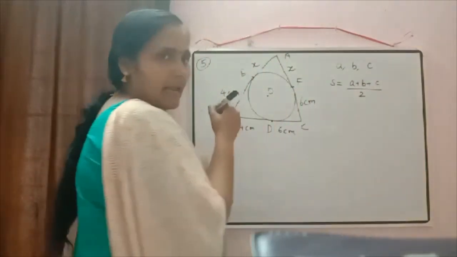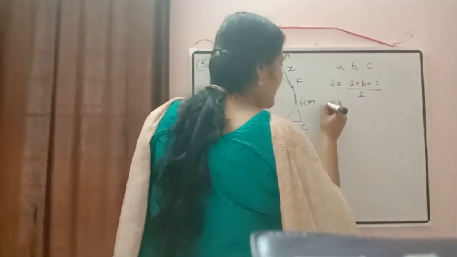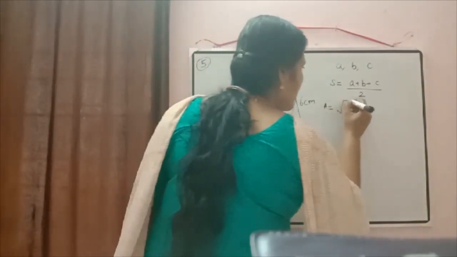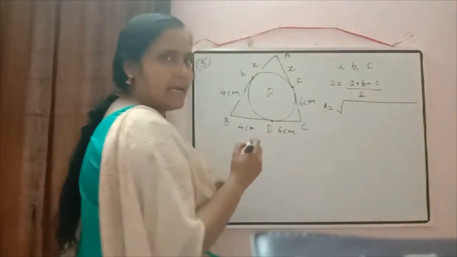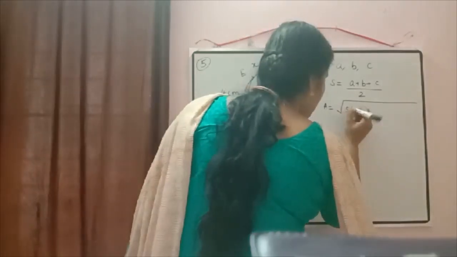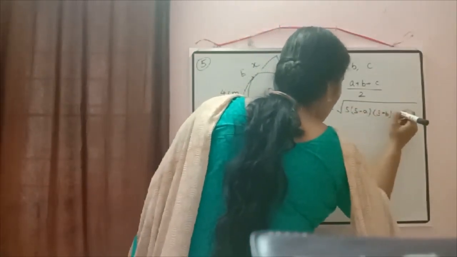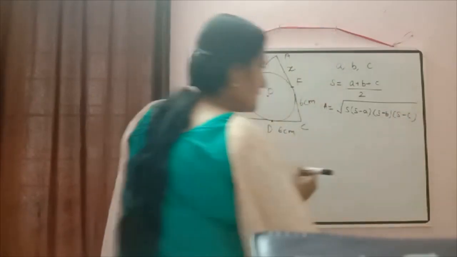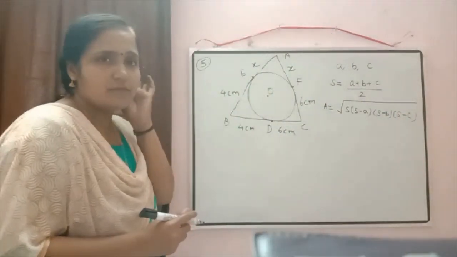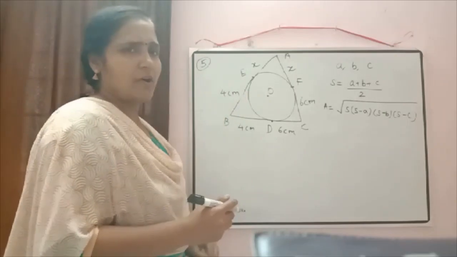Then area is equal to the square root of S into S minus A into S minus B into S minus C. This was Heron's formula. I think you remember this formula also.